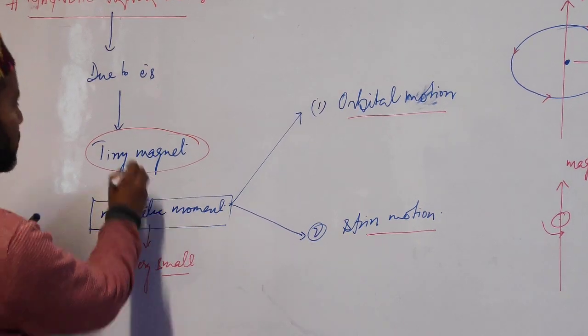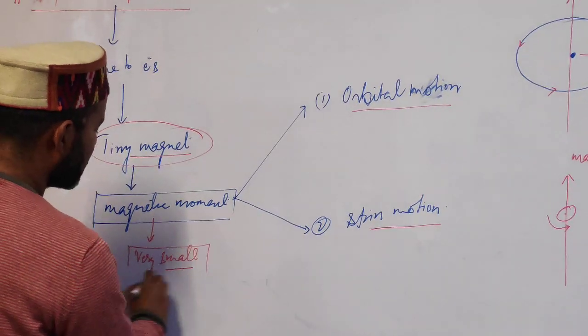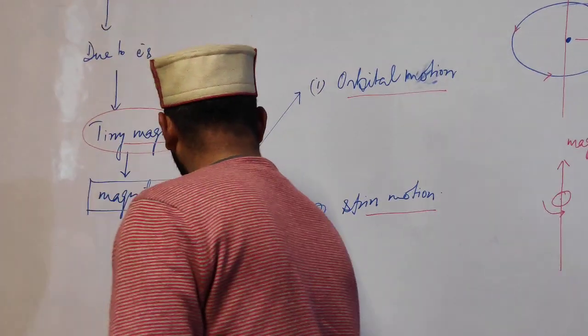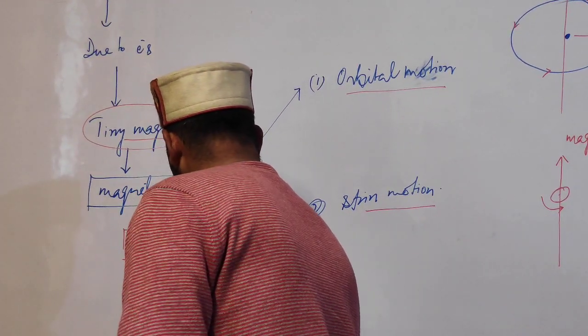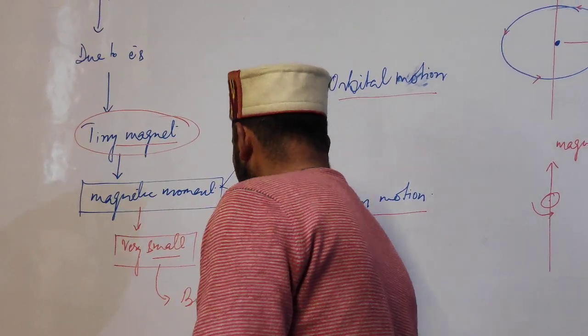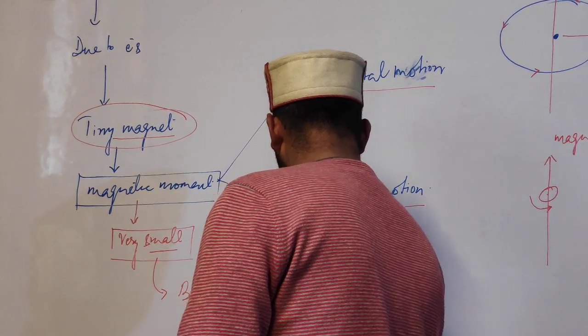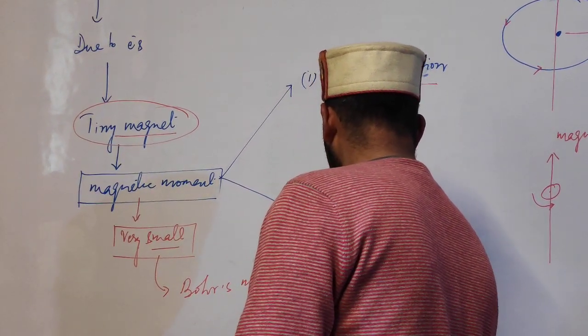So the magnetic moment associated with an electron is very small, and we express it in what? Bohr's magneton. So students, the unit for this magnetic moment is Bohr's magneton. In short, we write BM.